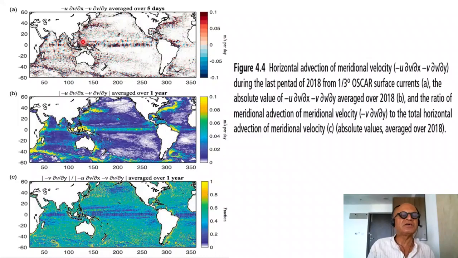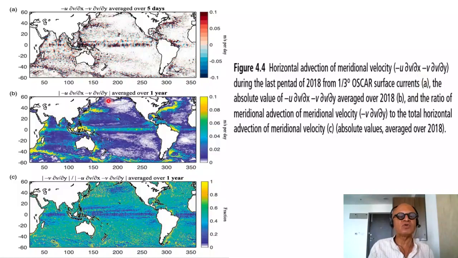And in the western boundary currents you will have strong meridional currents with short zonal scales and so on. So each one has a contribution dominated by u dv/dx and v dv/dy, where they are coherent.